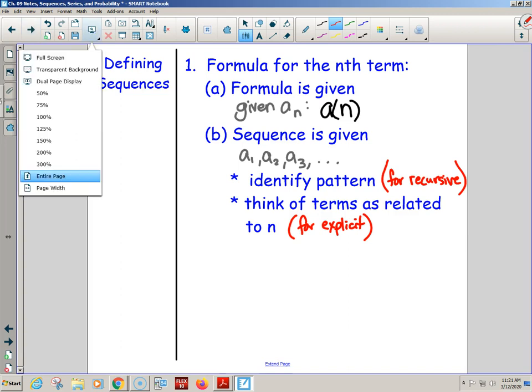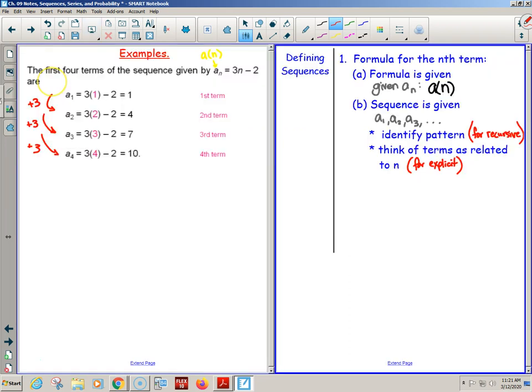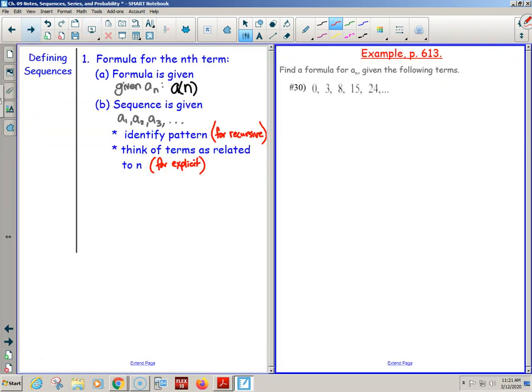Once again, this is just an intro section. To be honest, not even Calc BC kids have to work that much with making their own formulas. A little bit, but not a lot. Let's go ahead and dual page and go forward one. This is an example of one of those nasty questions, but if you notice, this isn't until number 30 in your homework.